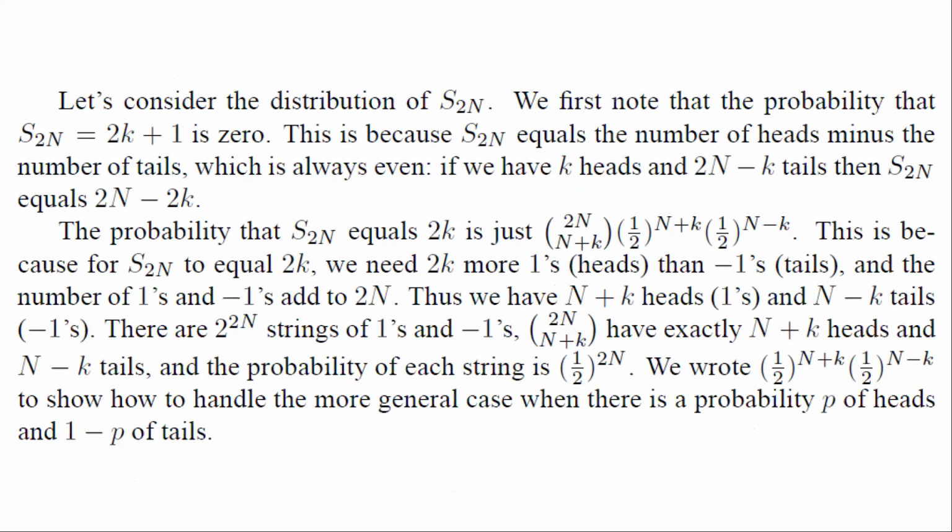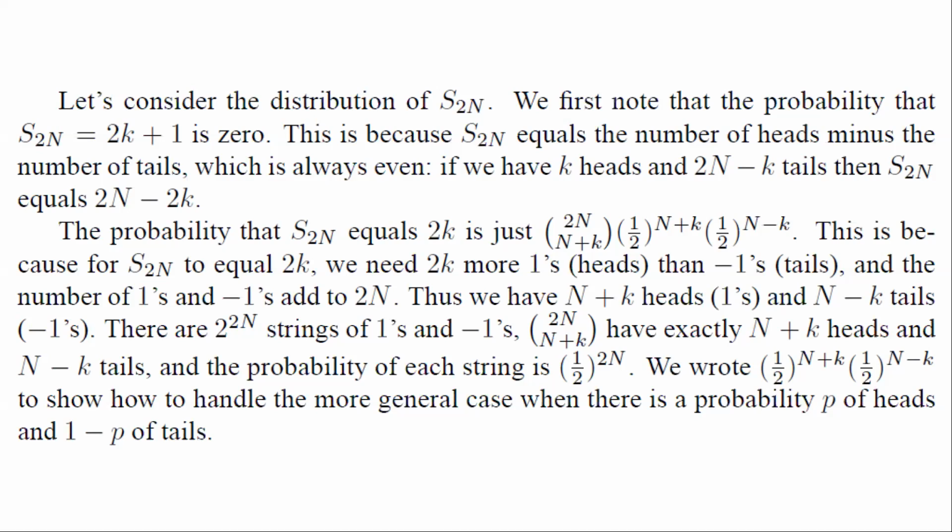And so now we want to consider what's the distribution of S2n. So we know it can never take on an odd value because we have an even number of tosses. And so it has to be some number of heads, some number of tails, and the difference is going to be an even number. So let's say that we have k heads and 2n minus k tails.